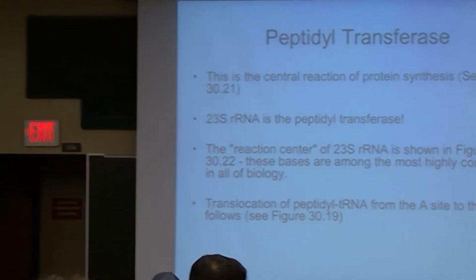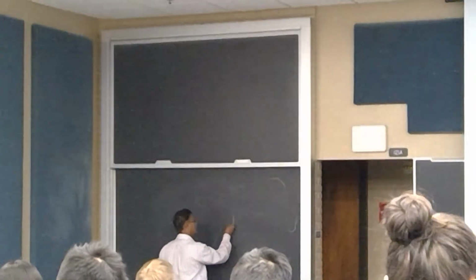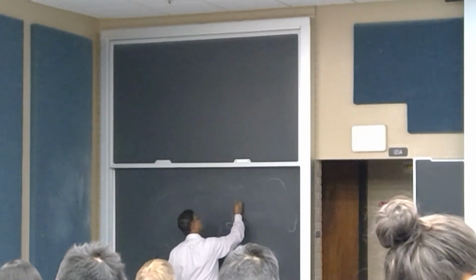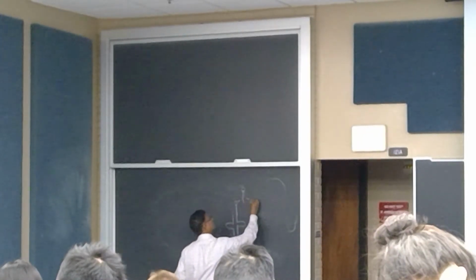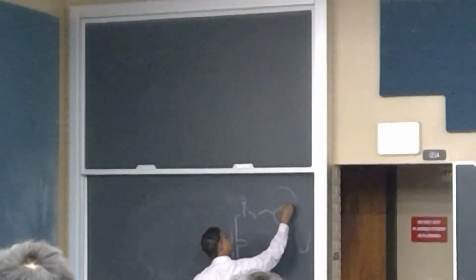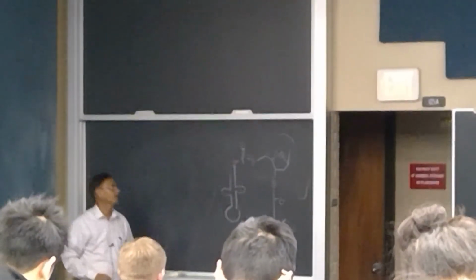Whenever there are two tRNAs coming together, you have one tRNA connected with an amino acid.